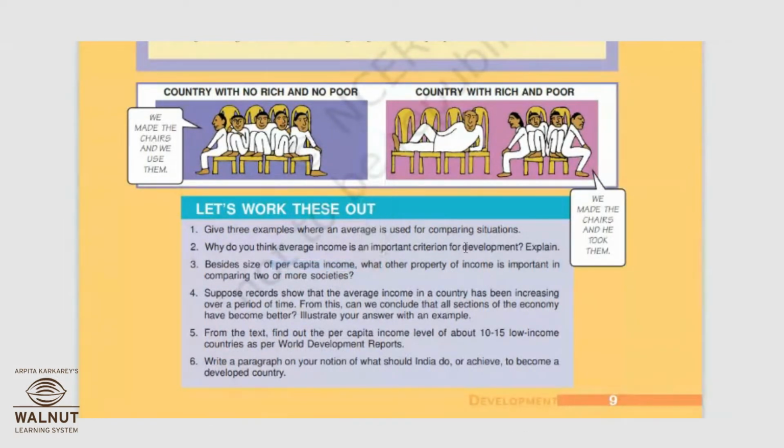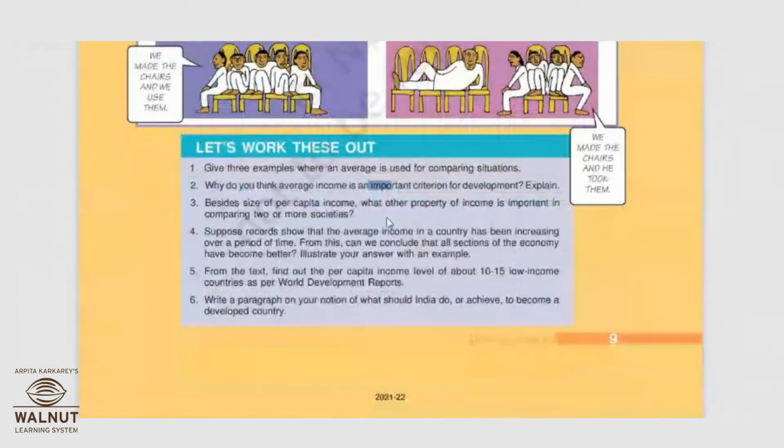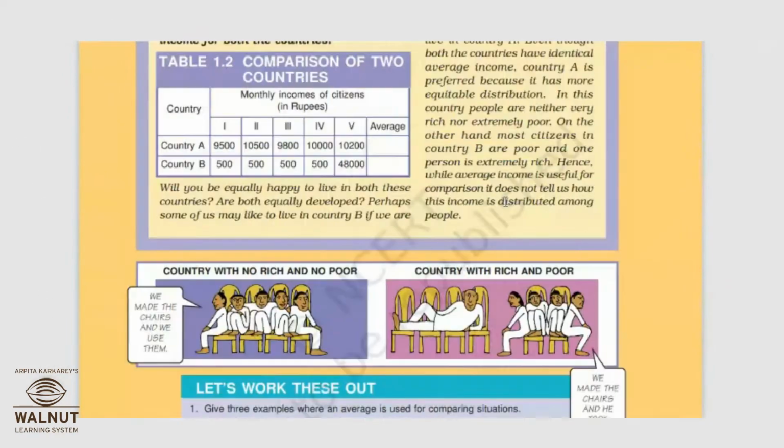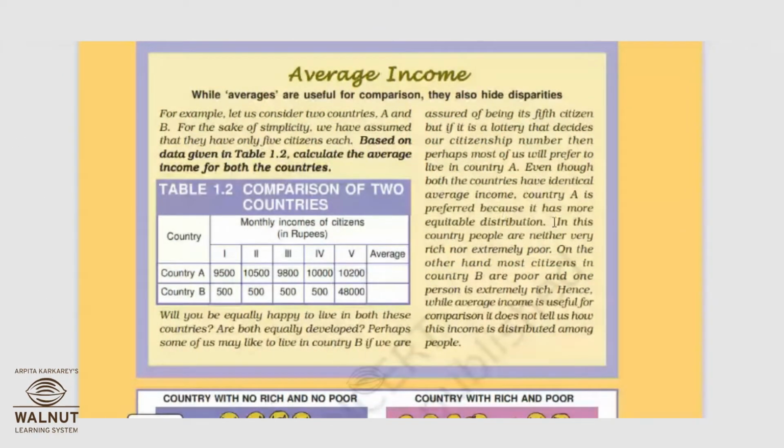Here in this answer we understood that with average we come to know the average income of the person of that country and what can be the standard of living of that country, right? So now what is it that the average actually also tells us?